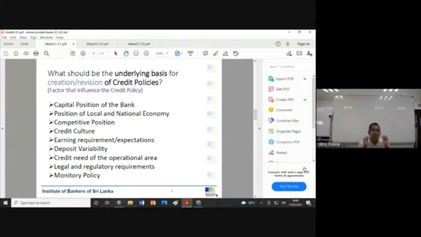Right? Then the position of the local and national economy. See, with the economy like this today, we need to give money and accommodate the businesses, otherwise the economy may collapse. 52% of our GDP is brought in by SMEs.